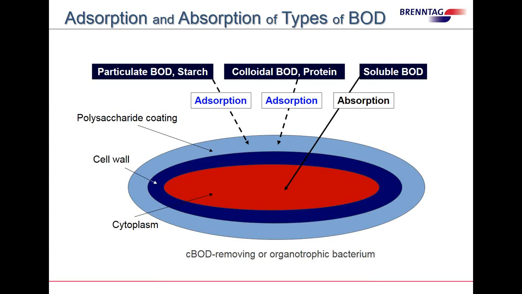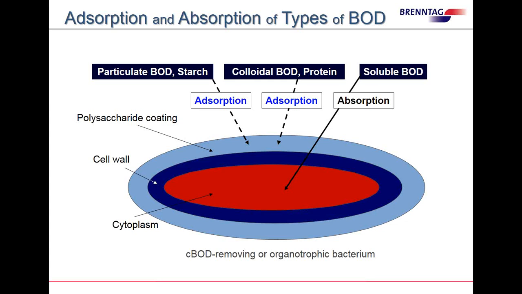And as you see now, you see this polysaccharide coating on the outside of a cell. This BOD, particulate and colloidal, gets into this polysaccharide coating, but it has to be solubilized in that coating in order to get to the center, in order to feed the cell and make it divide and do all it's supposed to do.